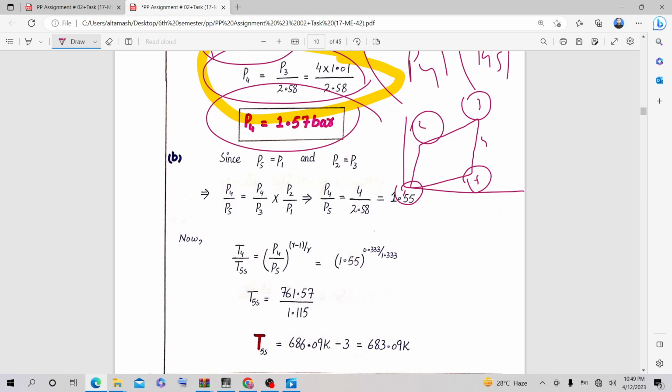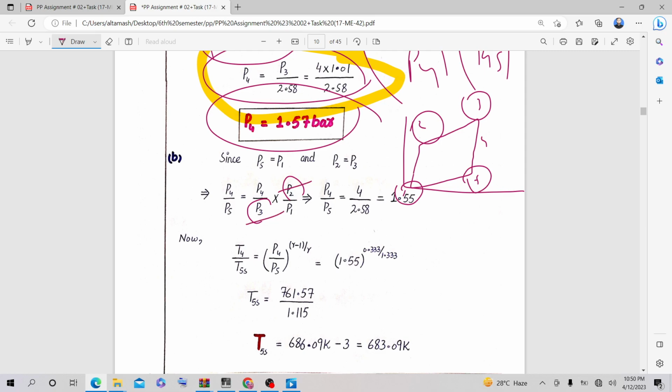We will calculate P4 by P5. How will we calculate it? We know that P4 by P5 is equal to P4 by P3 into P2 by P1. Now P3 and P2 are equal, so this P2 will be cancelled with this P3.